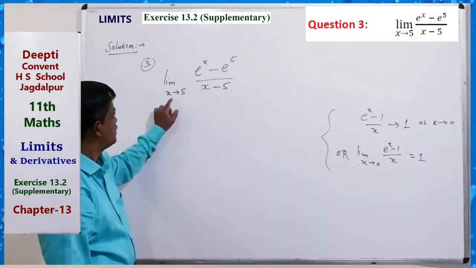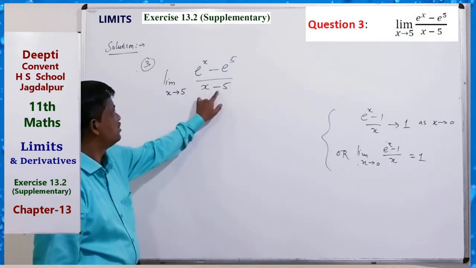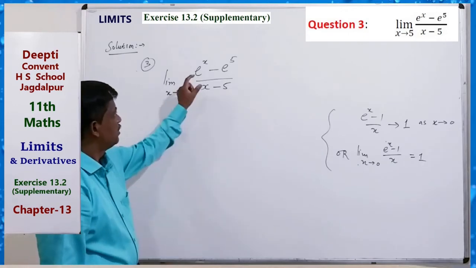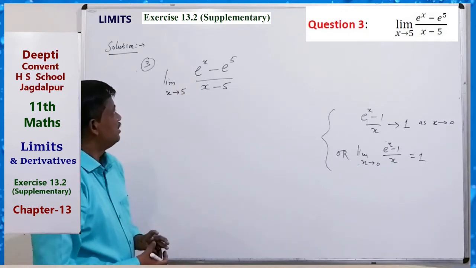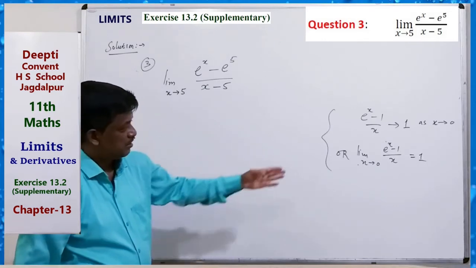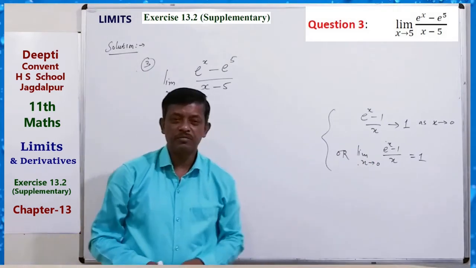Then here we see that at x equal to 5 it is a 0 by 0 form. So we will try to find the limit of this function by converting it into this form.